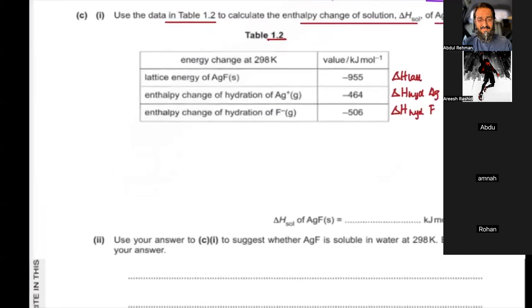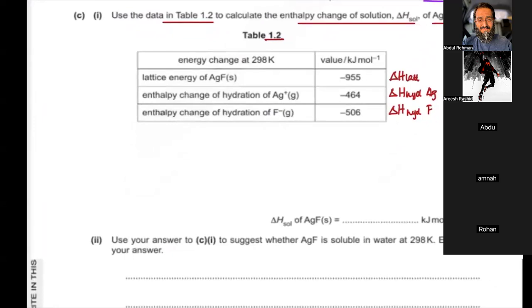So if I again make the Hess cycle, keeping in mind these three, silver ion in the gaseous form reacting with the fluoride ion in the gaseous form, forming silver fluoride solid, and that is the lattice energy, right? Then I have the elements, silver, 1 mole, and half a mole of fluorine. These elements turning into a compound, that is the enthalpy change of, okay, no, 1 minute. Sorry.